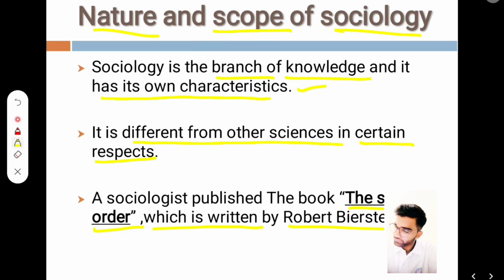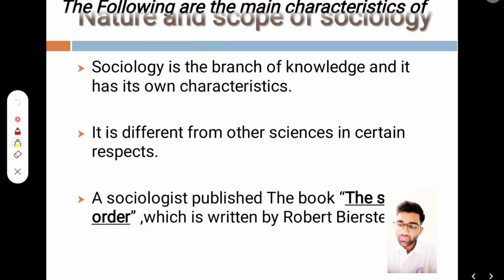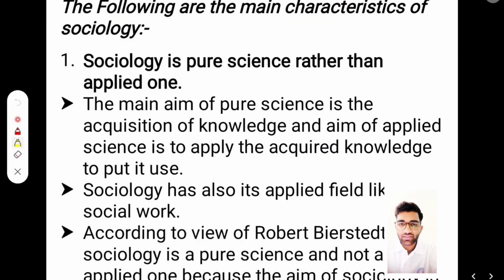Next, the following are the main characteristics of sociology. Sociology is a pure science rather than an applied one. The main aim of pure science is the acquisition of knowledge, and the aim of applied science is to apply the acquired knowledge.